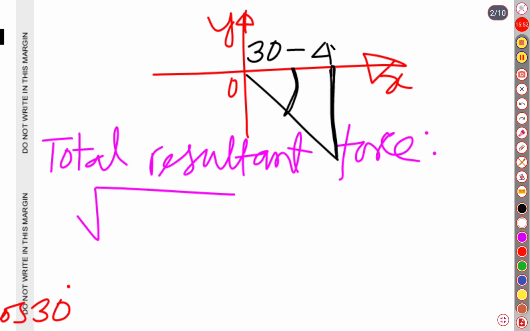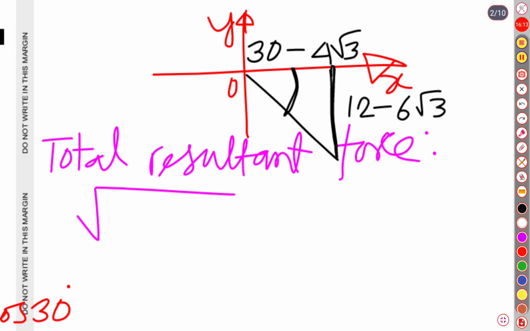And the vertical one is 12 minus 6 root 3. This is the vertical component.